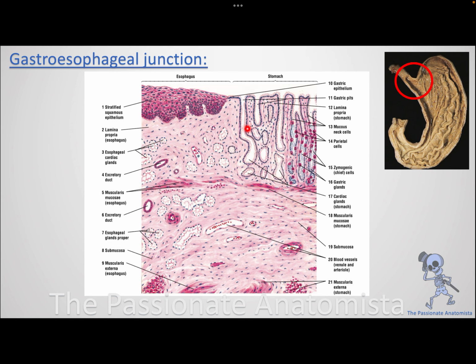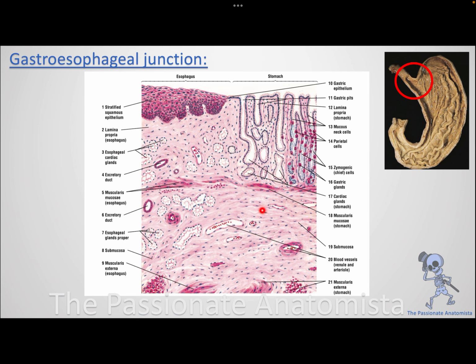Now, as we proceed to the stomach, all right, we will have a simple columnar epithelium. We still have the general organization, which is the mucosa, the lamina propria that fills the folds of the stomach, muscularis mucosae, and then submucosa, and muscularis externa, and then the external layer.